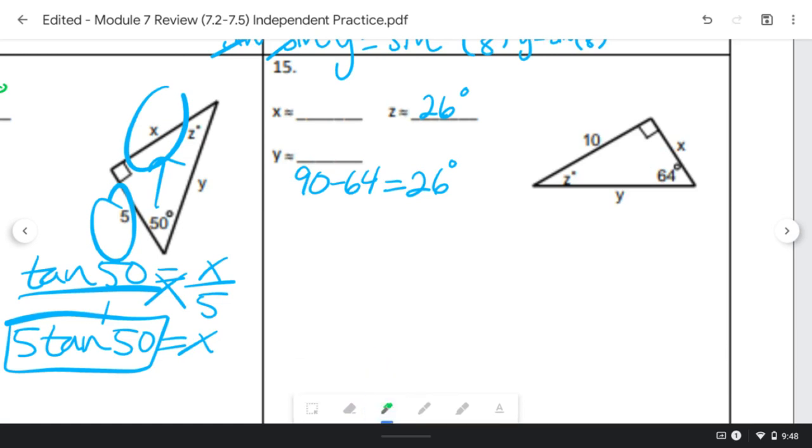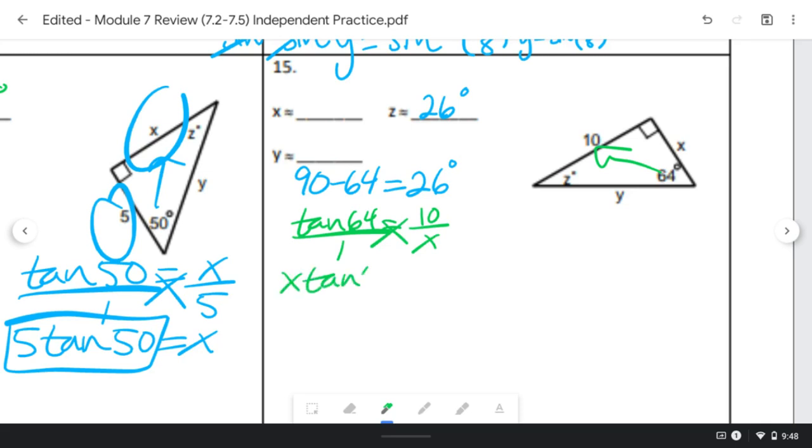So if I solve for x, I want to make sure that I use the 10, and 10 is opposite of 64, and x is adjacent. So we're going to use tangent of 64 is opposite over adjacent. Put this over 1, cross multiply.